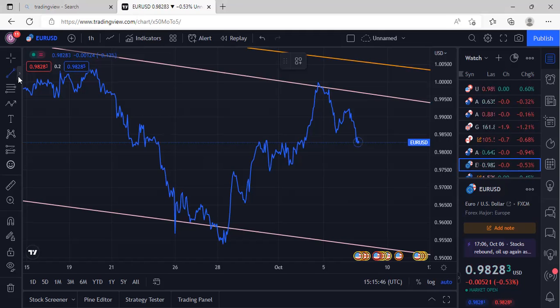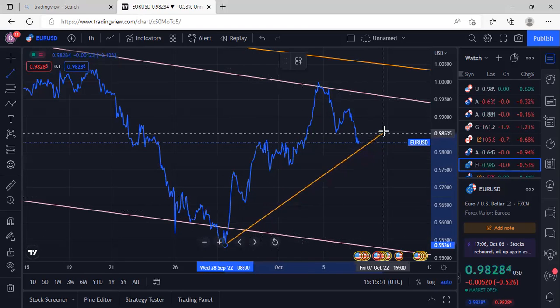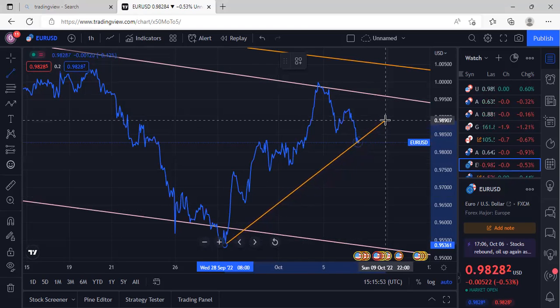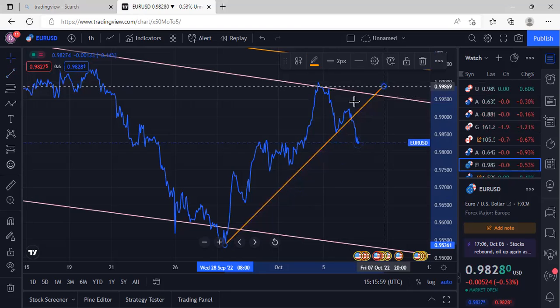So on the 1 hour chart, even though the market is moving down, it's actually a good position right here.